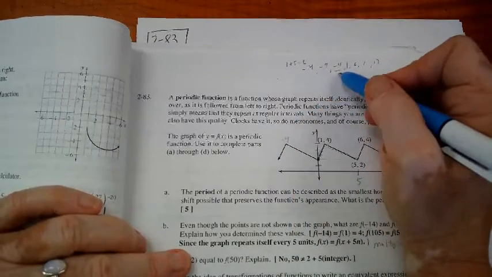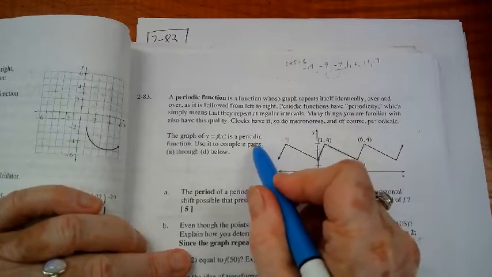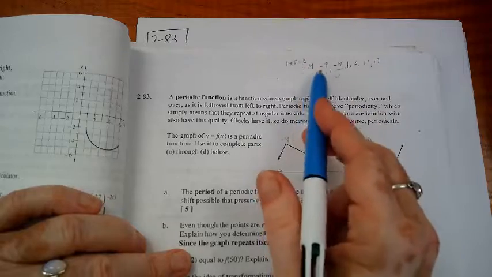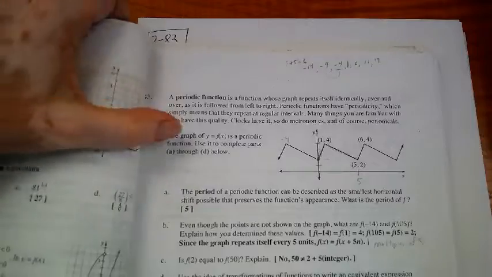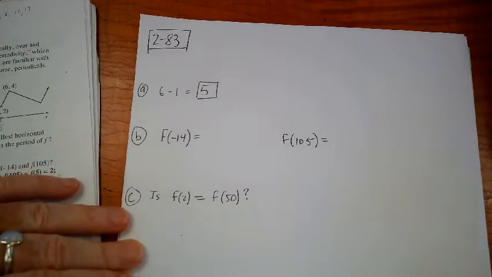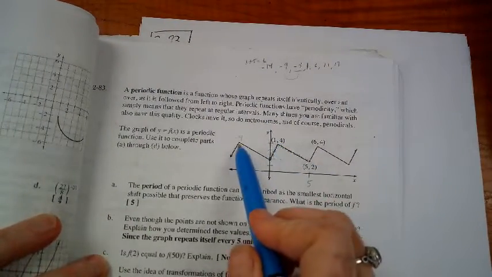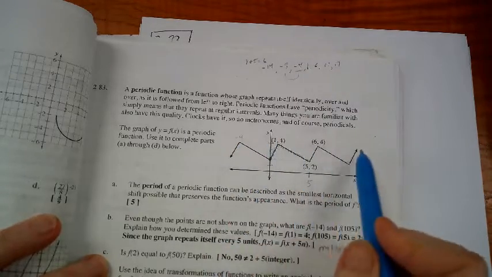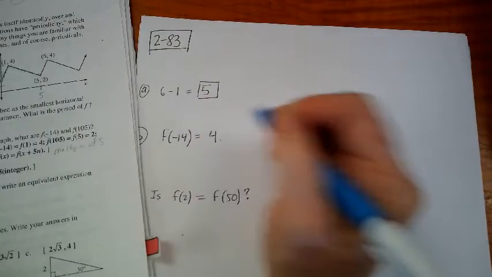Then negative 4 minus 5 is negative 9, and negative 9 minus 5 is negative 14. So I could just answer the question by going backwards. f of negative 14 is going to be one of these high points, these local maximums, so it's going to be 4. I hope that made sense.